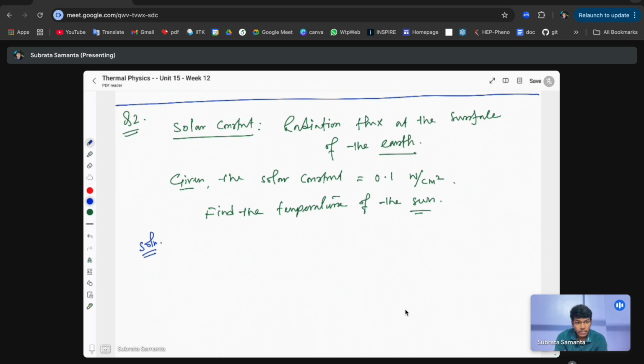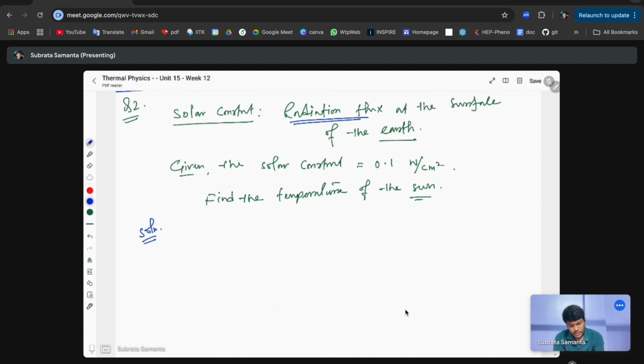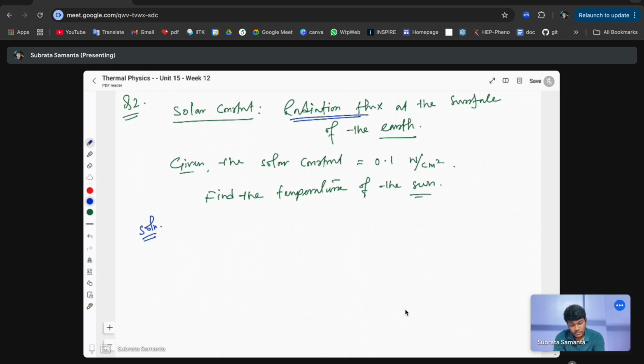So what is the power per unit area? It's the radiation flux, right? So flux is basically per unit area, the radiation power per unit area. So what is the radiation power per unit area? P equals sigma Ts to the power 4, where Ts is the temperature of the sun.